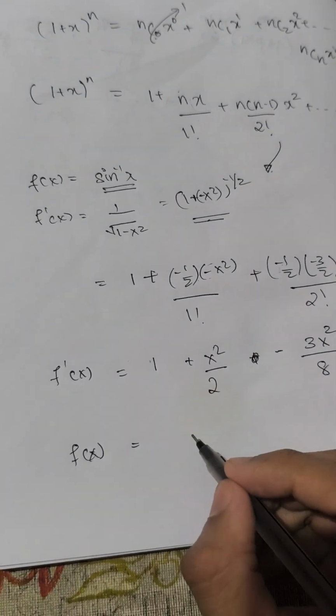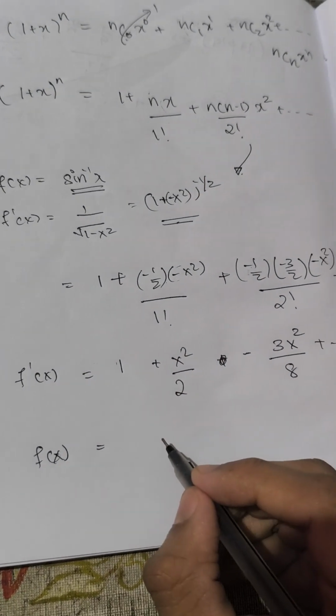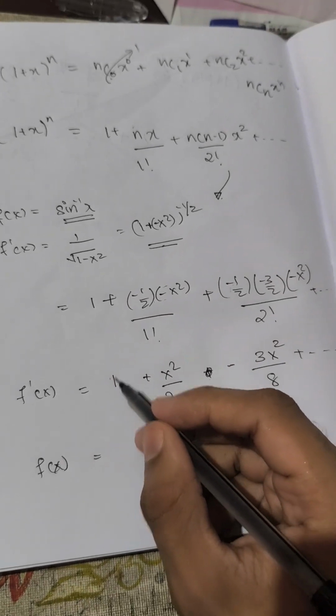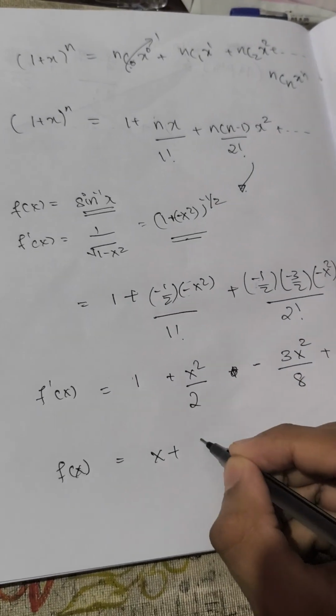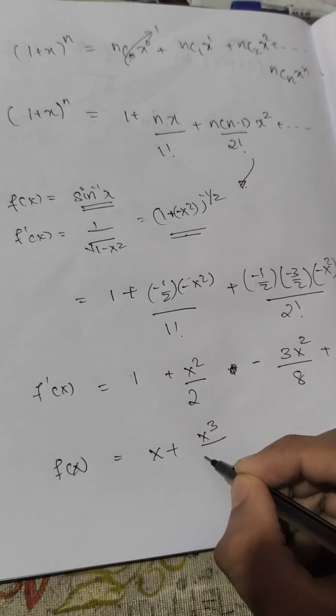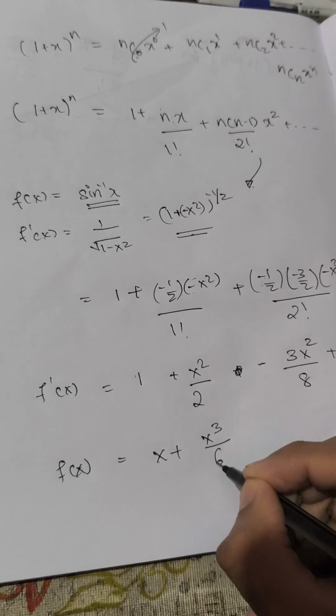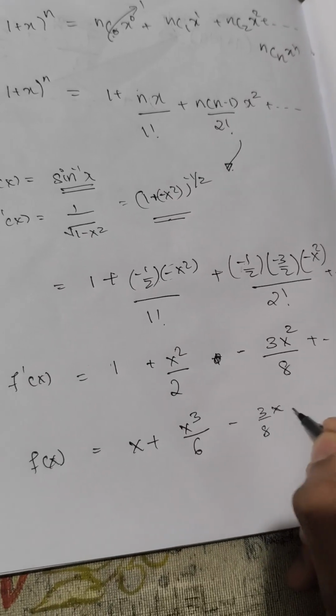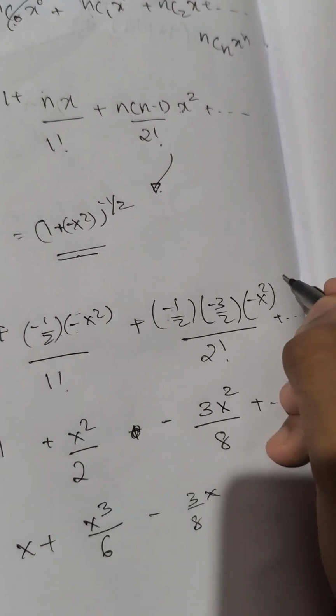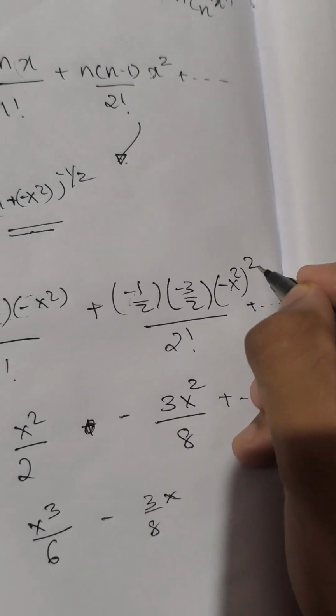If you integrate this with respect to x, the first term will be just x. This will be x cubed divided by 2 into 3, which is 6. Minus 3 by 8 into x raised to, oh sorry, I actually forgot something here. There's a square here, right?